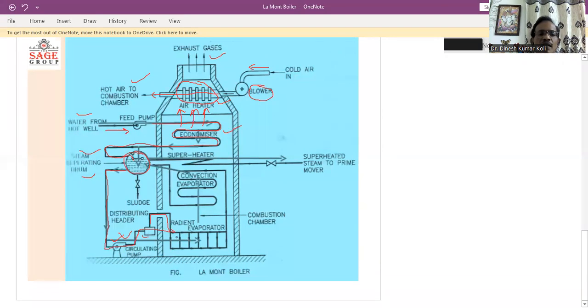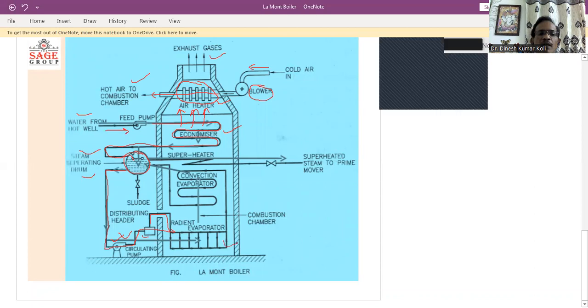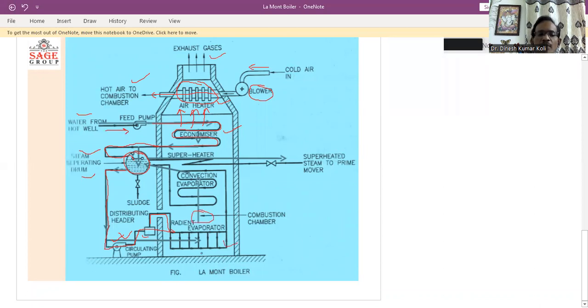Now this section is called a radiant evaporator because it is located near the combustion chamber. In the combustion chamber or the furnace, we burn the fuel, and it produces hot gases. Because of this combustion, high heat is produced, and because of this the temperature of the combustion chamber is very high.